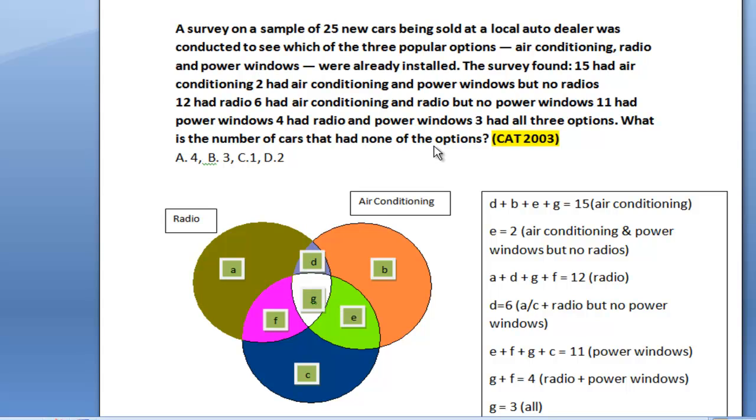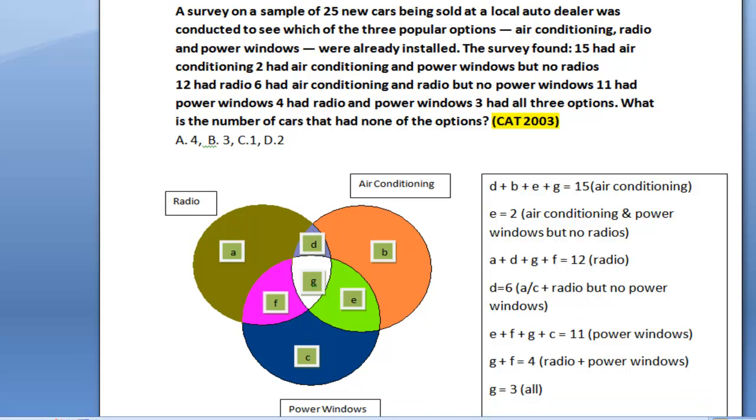If I had asked you what is the number of cars which had all the 3, it's simply the portion that is G. It becomes easy to visualize this problem with what I have done here. I have marked 3 sets: radio, air conditioning and power windows. Among that, I have also marked the individual areas.